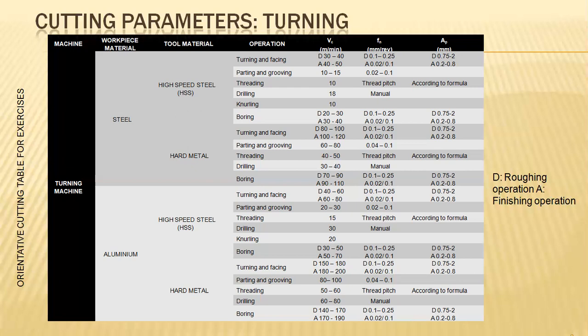Second operation is parting and grooving. For that, 10 to 15 meters per minute, and feed rate 0.02 to 0.1.